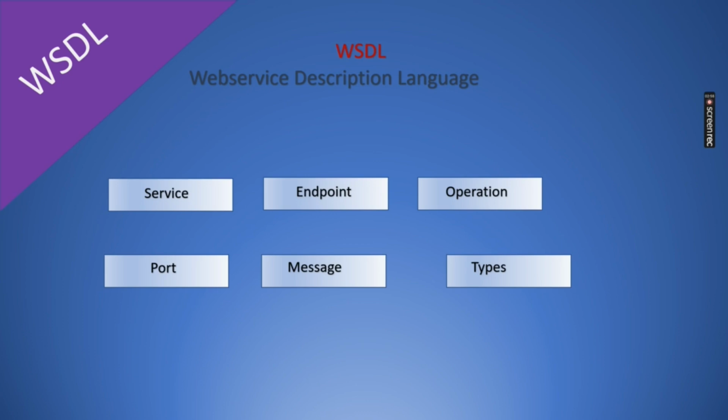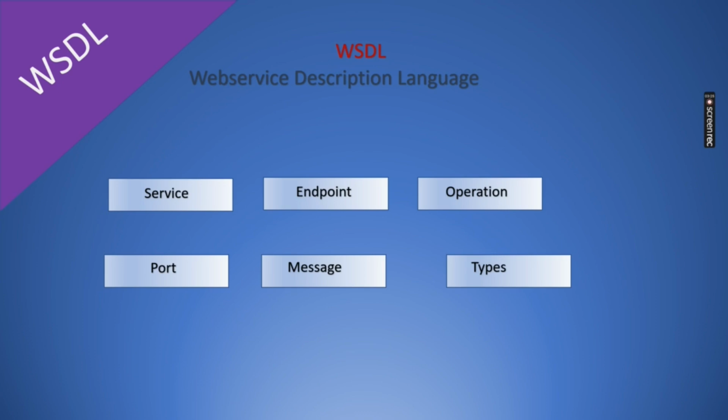Every WSDL will have a certain port, since it runs that particular service on a given port, so port details are available in the port. Next, messages. For the services in the WSDL, it has messages, the structure of the messages, and types. The types of messages could be integer, float, double, or whatever types are involved.